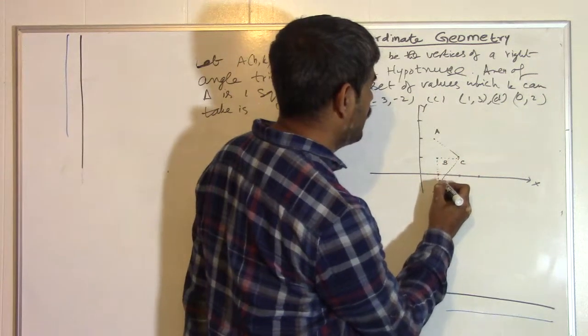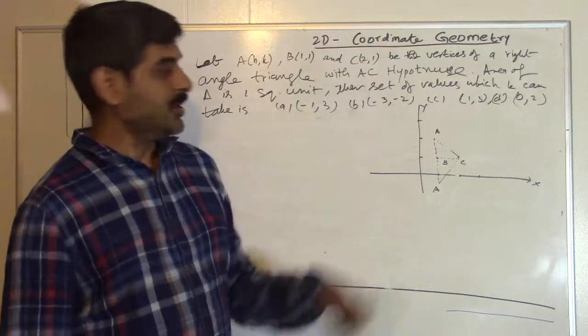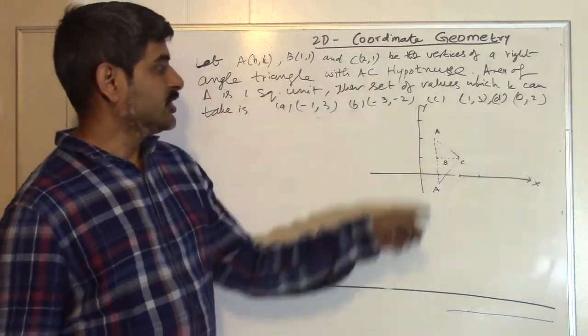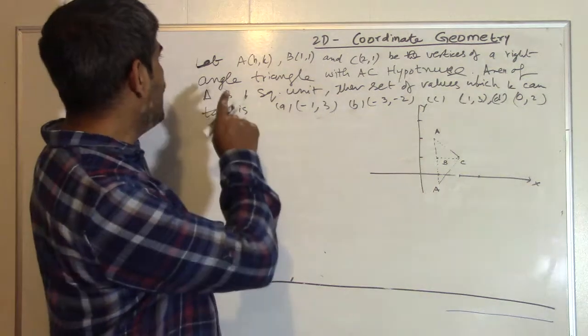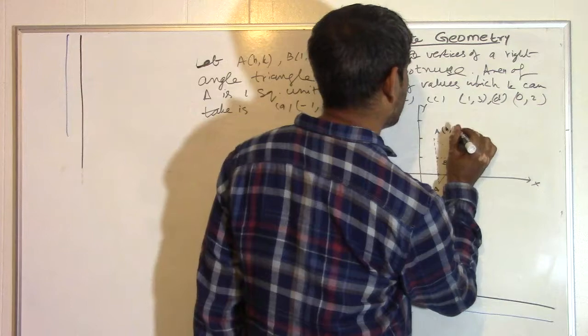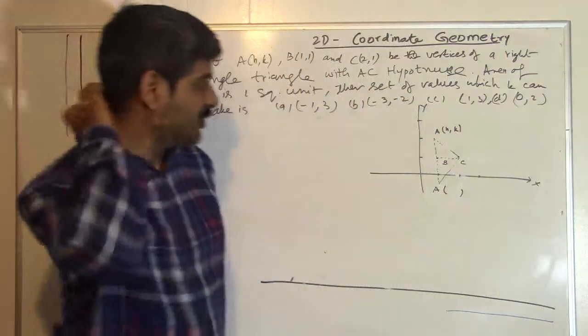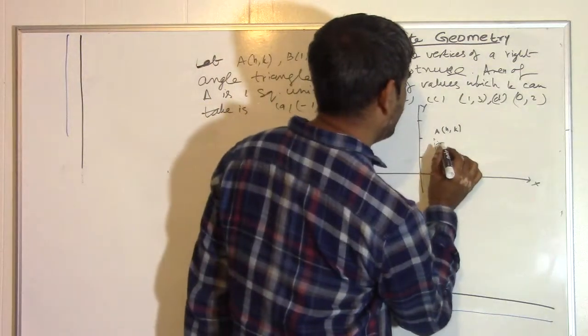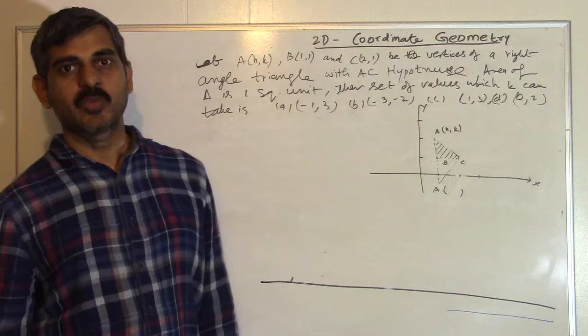That can also be a right angle triangle. A can be here and A can be here. These are the two values that A can take, and we need to find them. If A is (H, K), that can have two different values, and that's what we need to find. And we are given the area of this triangle is 1 square unit.